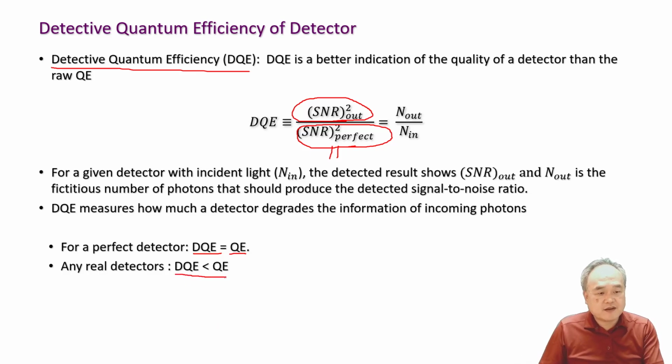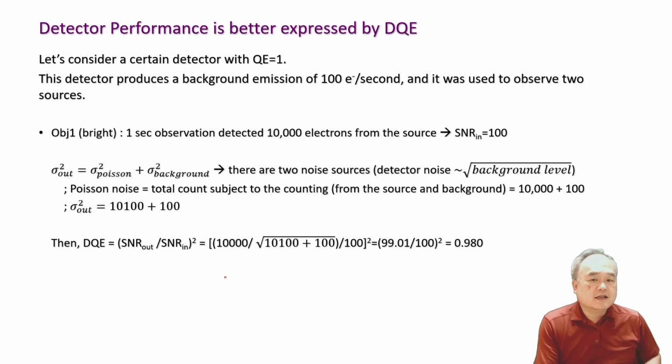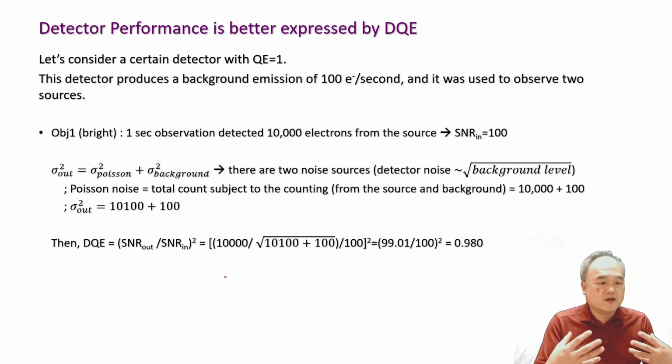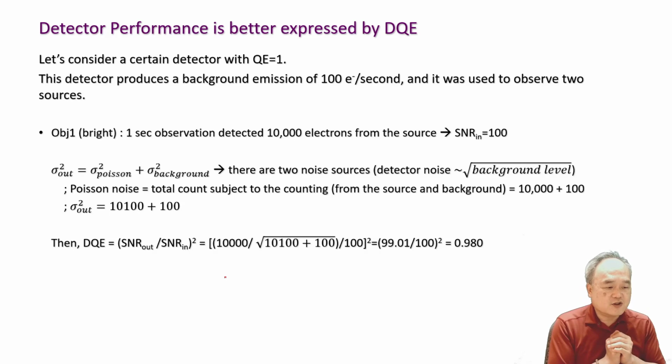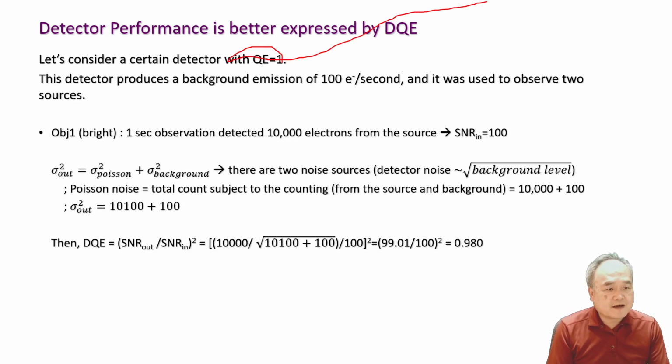Let's look at an actual example of a DQE calculation. Let's imagine a hypothetical perfect detector. In this experiment, we are using a theoretically perfect QE equal to 1, so a 100% quantum efficiency detector.